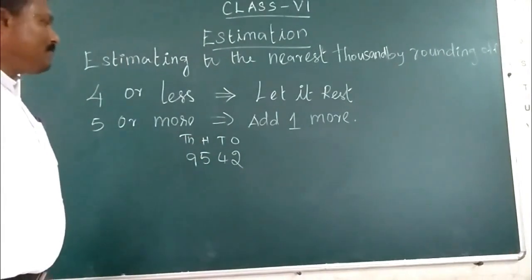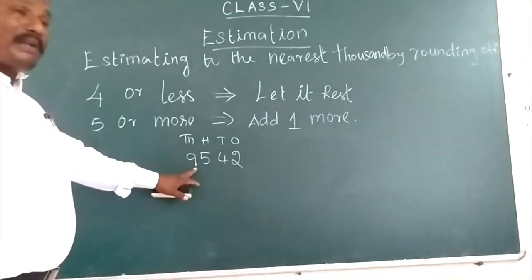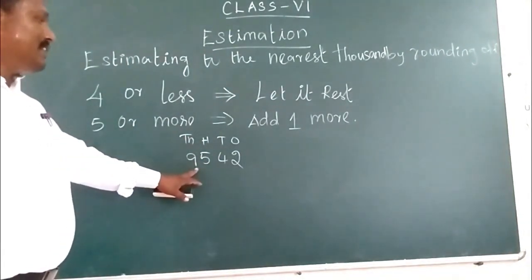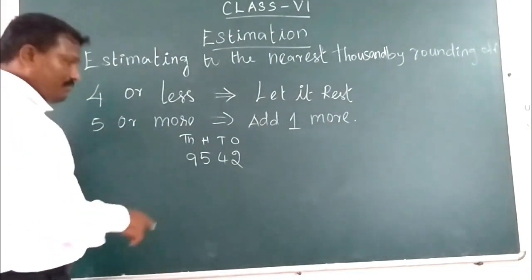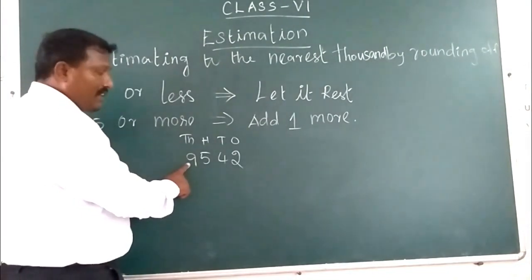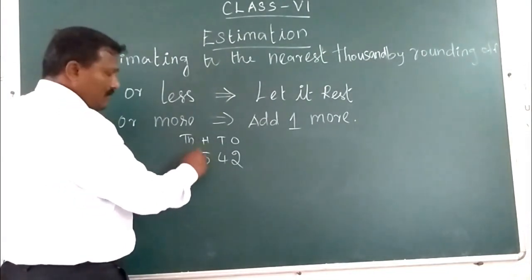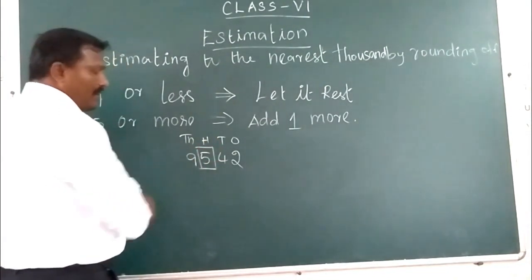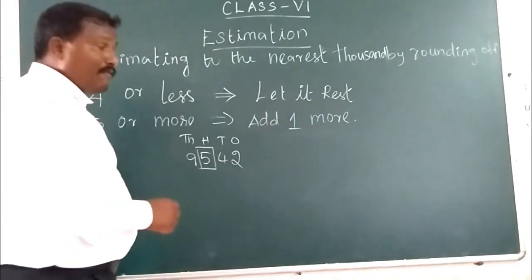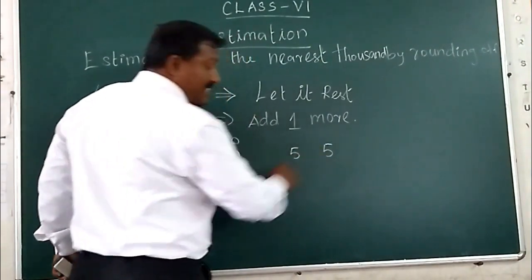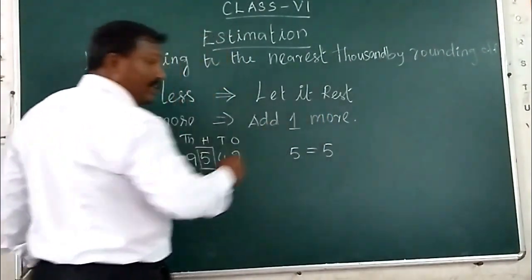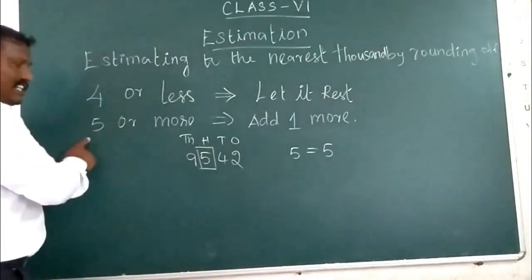I put the place values on all the given digits. Second step, find out the digit next to the thousand place. That digit is 5. Now we compare it with 5. 5 compared with 5 is equal, so the second rule is applicable.